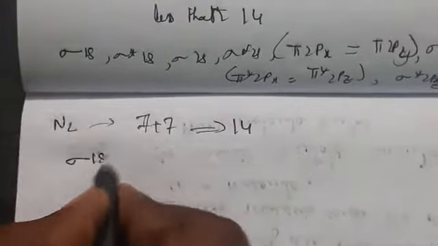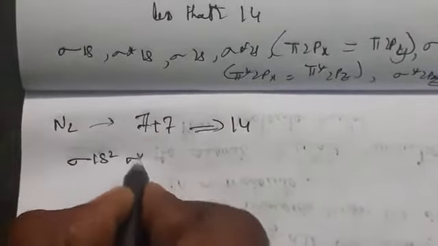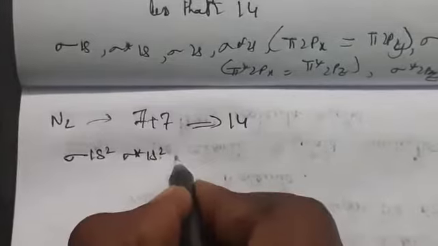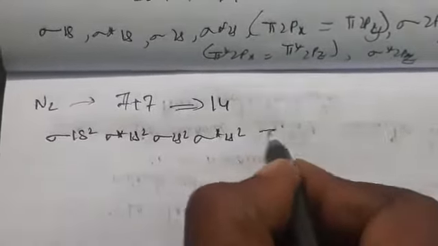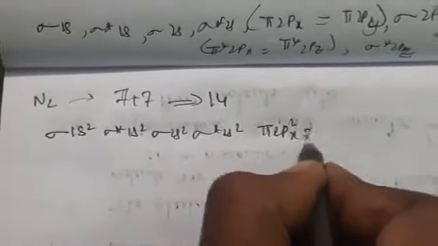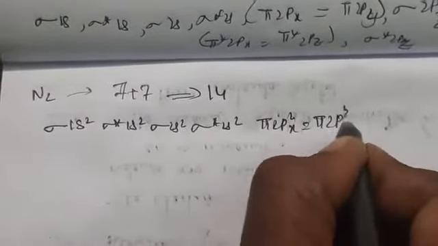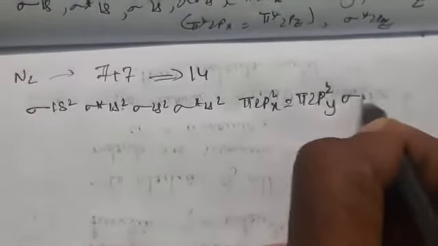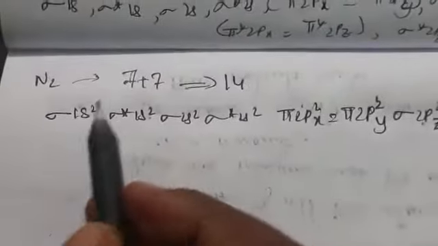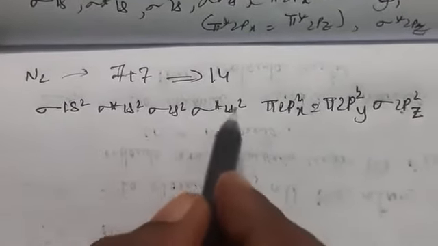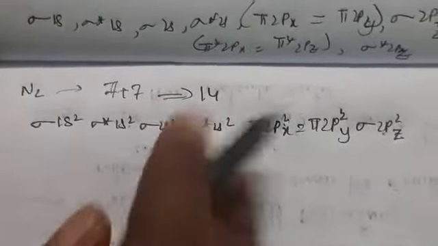Sigma 1s2, sigma star 1s2, sigma 2s2, sigma star 2s2, pi 2p2x, pi 2p2y, sigma 2p2z. Total 14 electrons: 1 2 3 4 5 6 7 8 9 10 11 12 13 14.